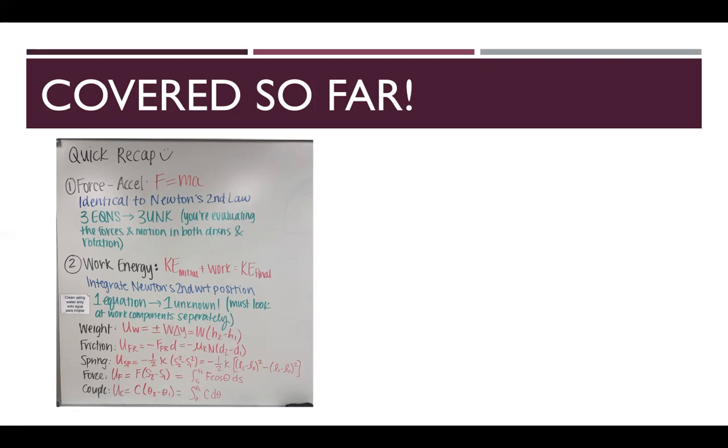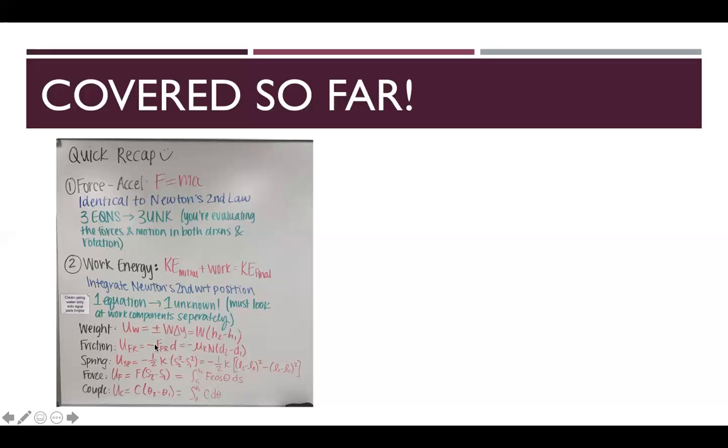Now, work energy has all these really ugly equations that come with it, but you're given most of them on your equation sheet. For weight, the work done by weight is plus or minus the magnitude of the weight times delta y.